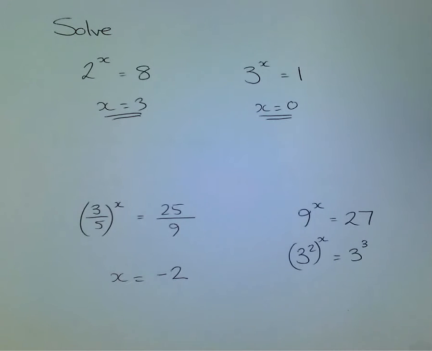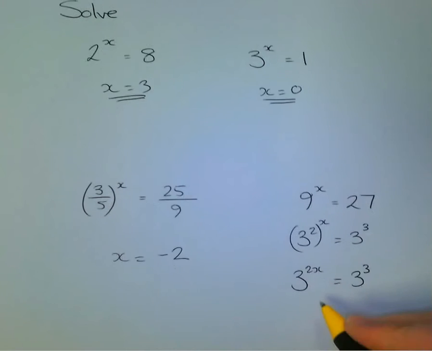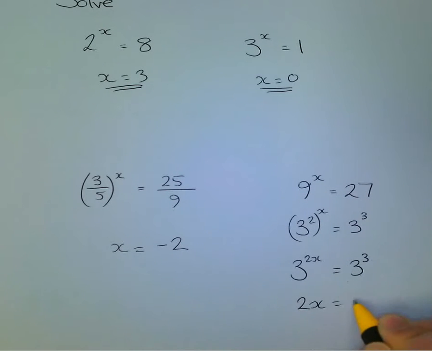So when I go to this step, I see I've got the power to power law, which means I can multiply these. And therefore 3 raised to this is equal to 3 raised to this number here, so these two values must be equal to one another. So we can say 2x is equal to 3 and x is equal to 3 over 2.